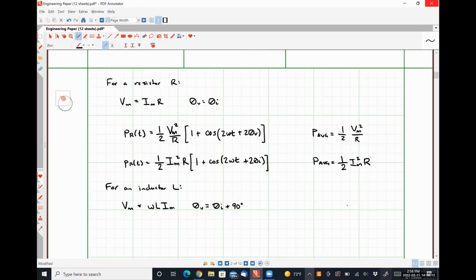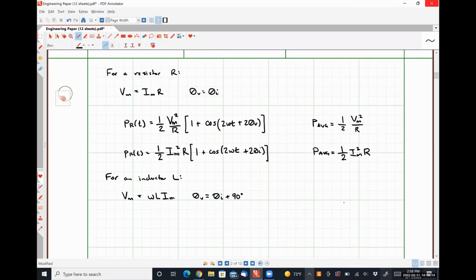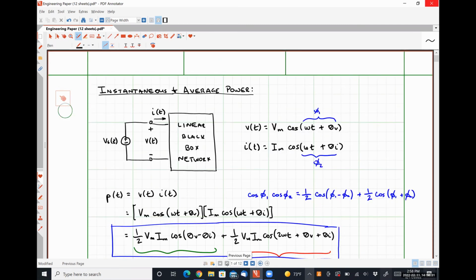All right. So instantaneous power absorbed by an inductor. Let's look at something here real quick using our original equation. Okay.